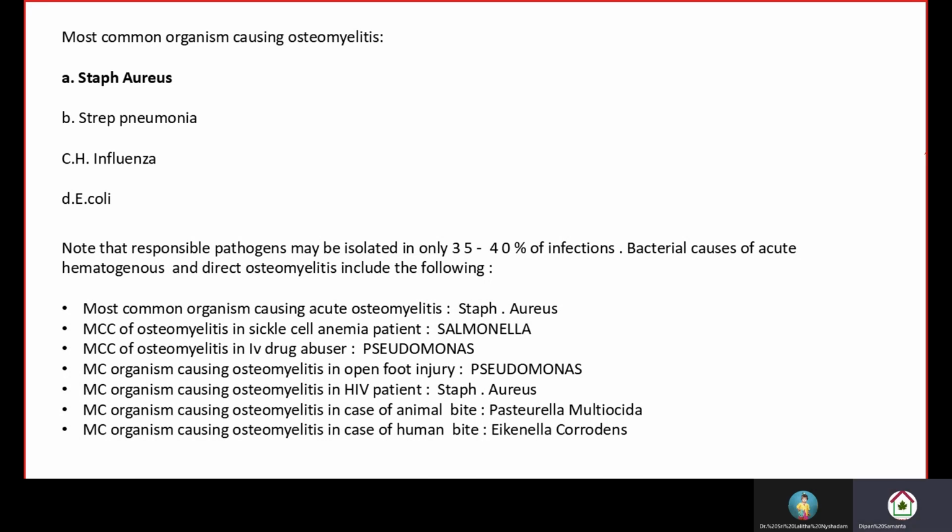Other conditions, like osteomyelitis in open foot injury, osteomyelitis in HIV patients, osteomyelitis in case of animal bite, in case of human bite, are all given. Most common organism causing acute osteomyelitis is Staphylococcus aureus, whereas most common in IV drug users is Pseudomonas, and osteomyelitis in open foot injury, Pseudomonas again.